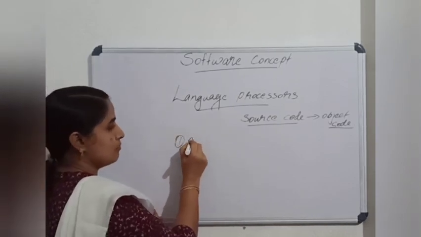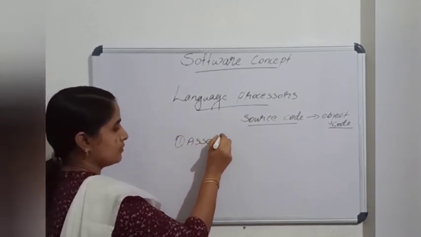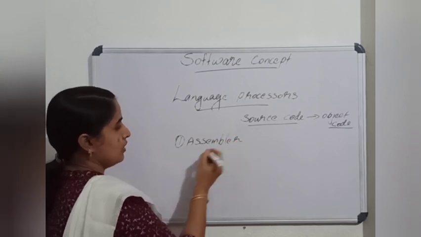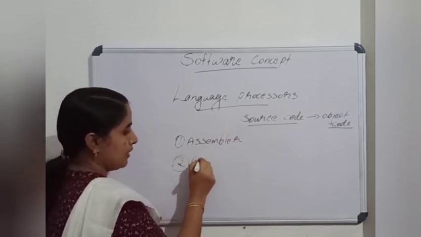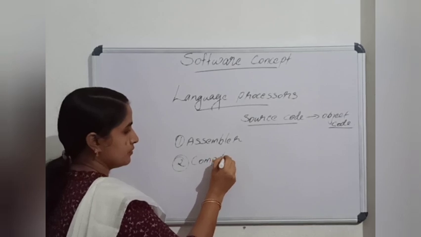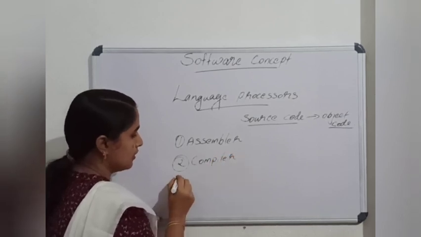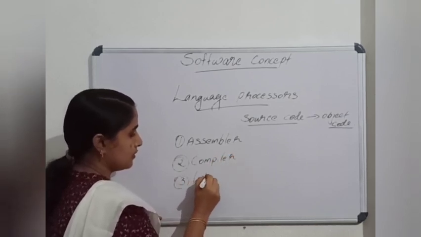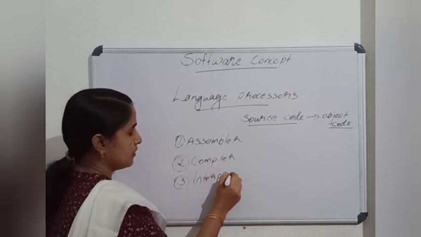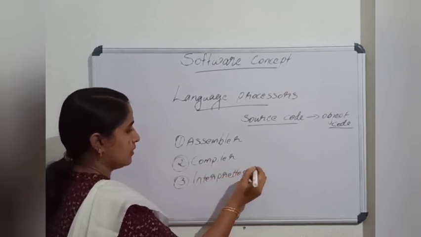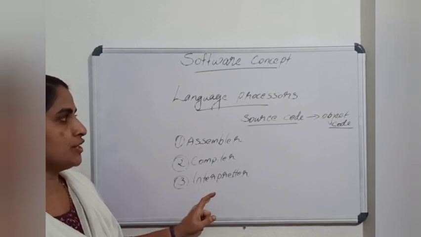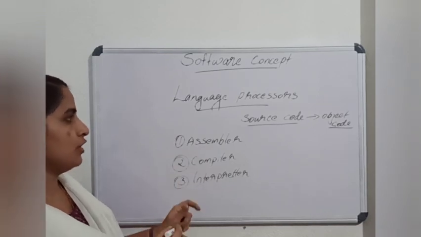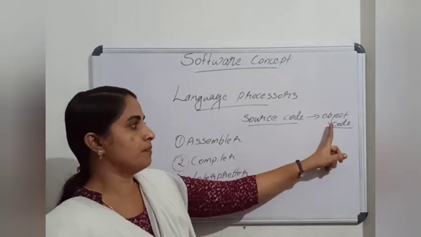One is assembler. Next one is compiler. Then interpreter.